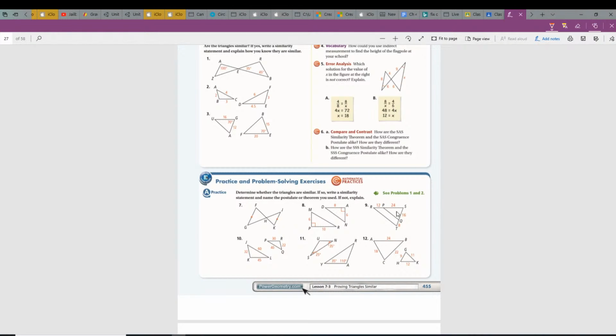Just problem 9. So we have some side lengths right here, 24, 12, 16, and 8. So this one is not about angles anymore. Well, there are some angles here, but it's mostly about side lengths.